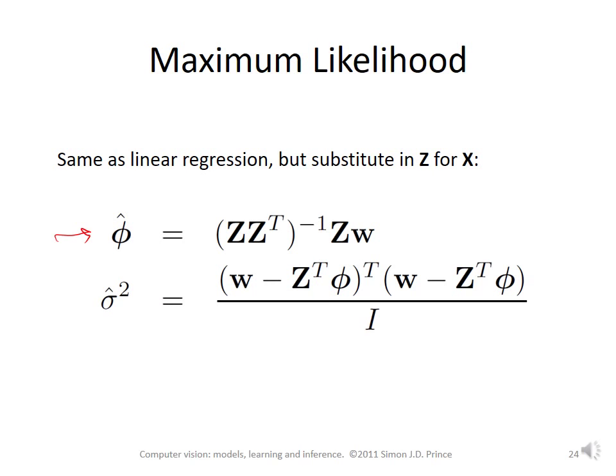So when the capital X used to be D by I, now the dimensions of Z will still be something by I, but that something will depend on how big your nonlinear function was. In this case, we had said that it was transforming every x into a 4 vector.